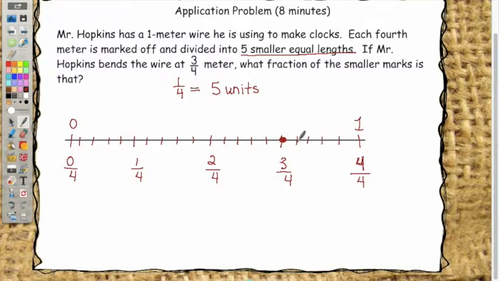Okay, so the question is asking what fraction of the smaller marks is 3/4 of a meter. Now we know that 3/4 would be 5 times 3, correct? So 3/4 would be 15, right?